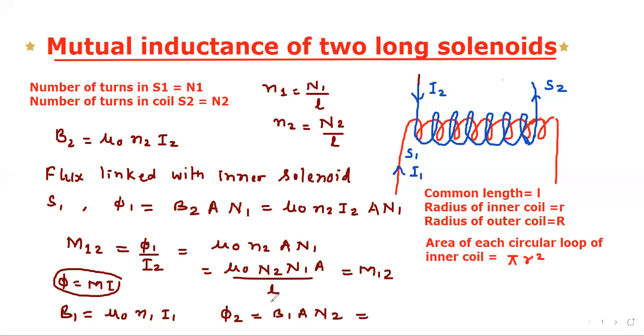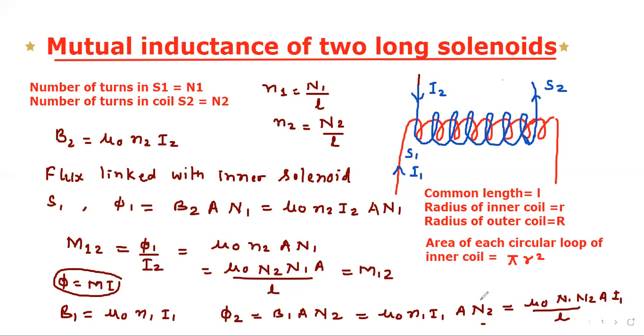So that will be mu naught n1 I1 times capital A times N2, where n1 can be written as capital N1 divided by L. So we will get mu naught capital N1 capital N2 A times I1 divided by L.